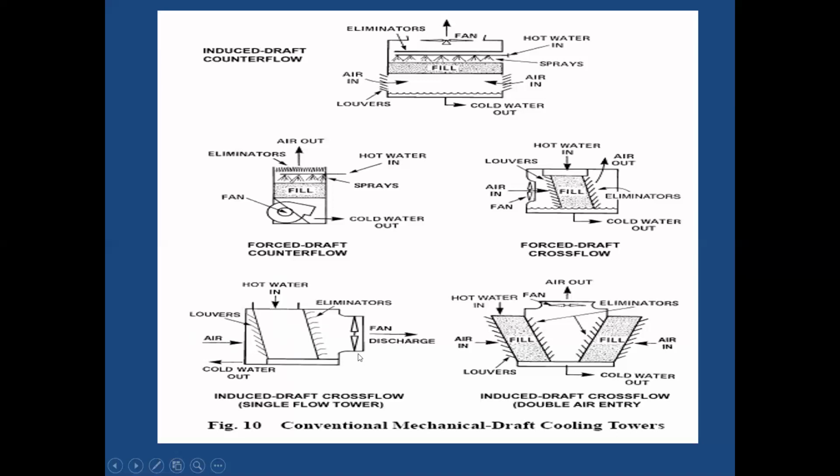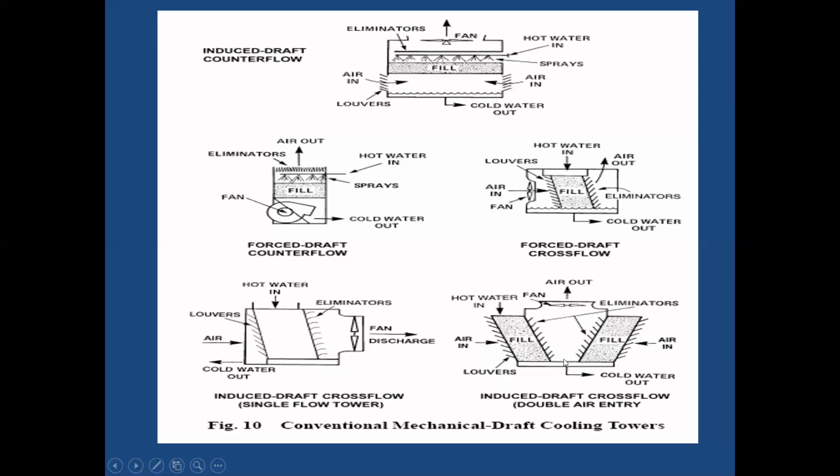That's why it is induced draft cross flow, induced draft counter flow, forced draft. So induced and forced draft cooling towers are again categorized flow arrangement wise into counter flow and cross flow. Here it is a single entry, and sometimes a double entry can take place. Induced draft cross flow, but double entry, because air is taken from both sides.